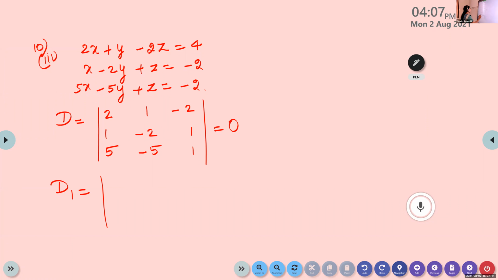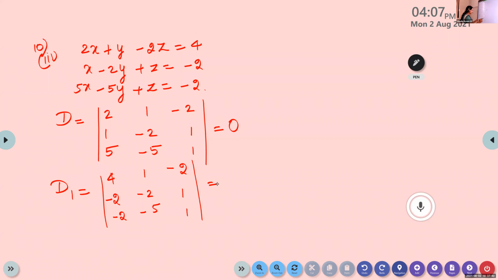What is D1? Instead of the first column, we replace with the constants: 4, minus 2, minus 2, and the rest 1, minus 2, minus 5; 1, 1. Here we can use the property. In determinants, if two rows or two columns are identical or proportional, the value of the determinant will become 0.